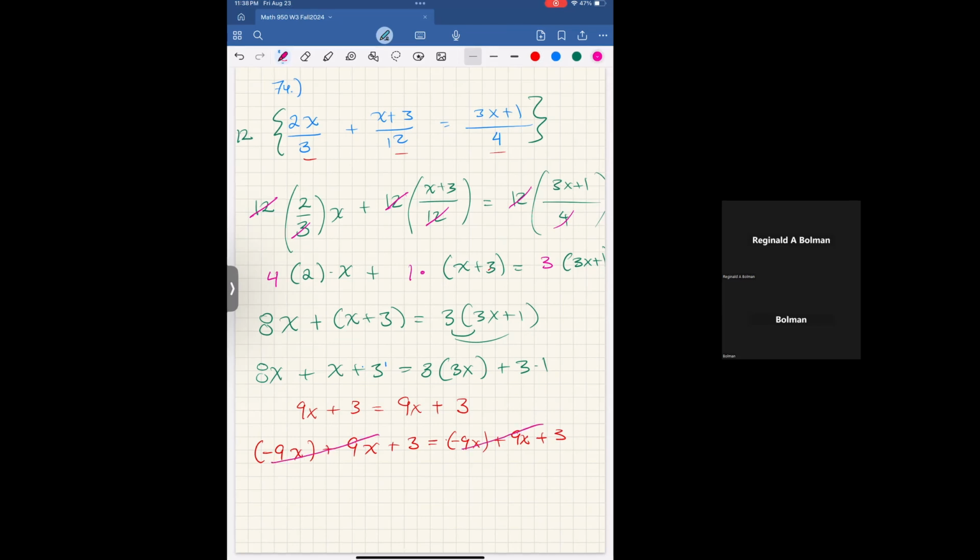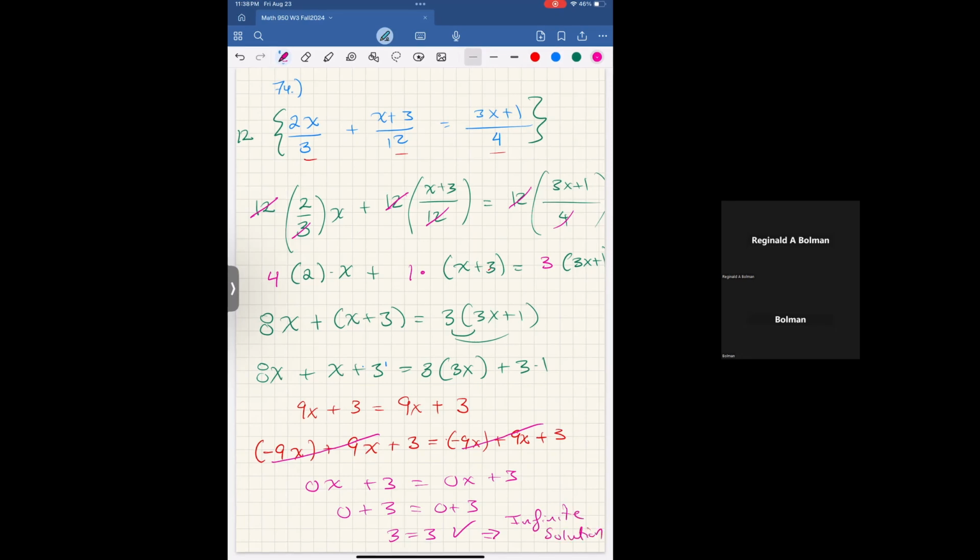My 9x on the right will also cancel out. So you'll have 0x plus 3 is equal to 0x plus 3. And 0x is just 0. 0 plus 3 gives you 3. So what's going to happen is you have 3 is equal to 3, which is just true. What this is telling you is you have infinite solutions.